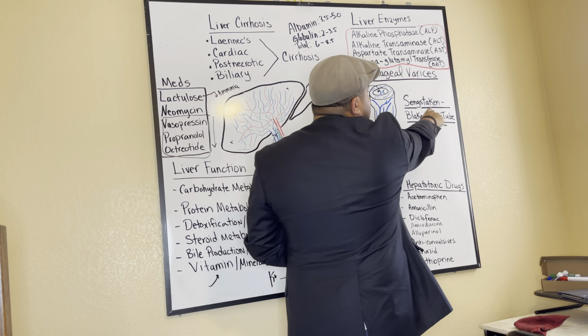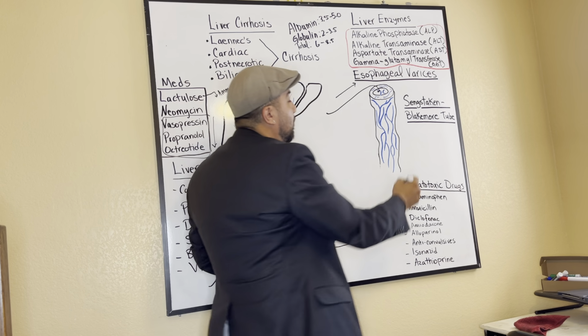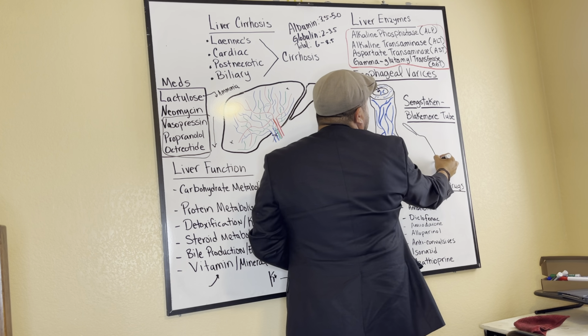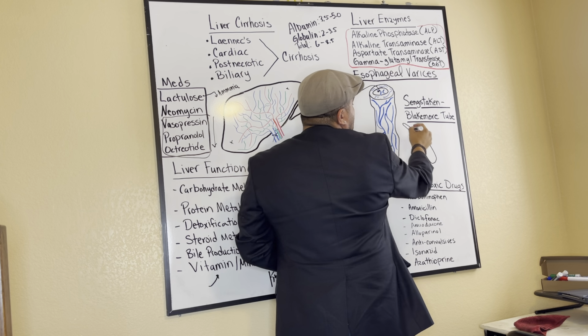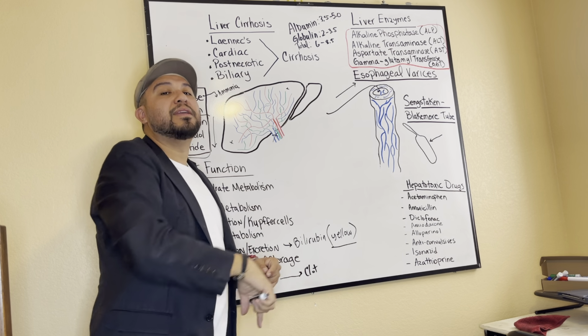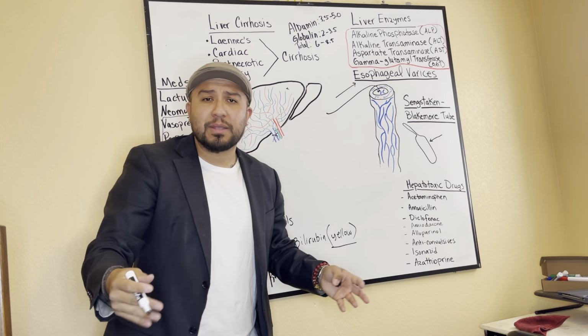And this is called the Sengstaken-Blakemore tube. And this tube kind of looks like this. It goes like this, and it has a little end where it becomes inflated. And what we do is we place this little device inside the esophagus, okay? It's only entering the esophagus, so the patient's still able to breathe.